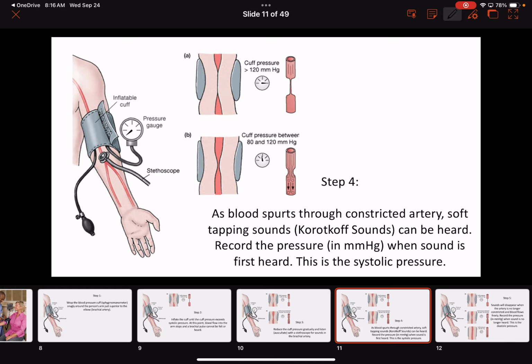You're going to record the pressure in millimeters of mercury when the first sound is heard. That first sound is the systolic pressure. It's when the pressure in the cuff is equal to or slightly lower than the pressure in that vessel, equal to what's at the heart. So when you hear that first sound, that's going to be your systolic pressure.